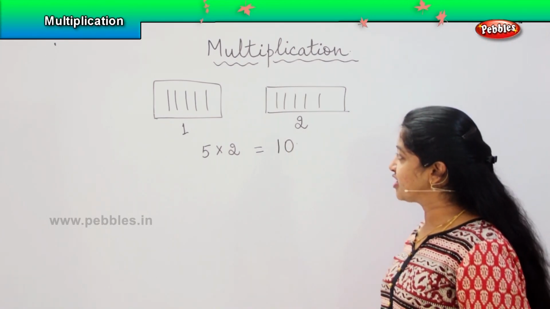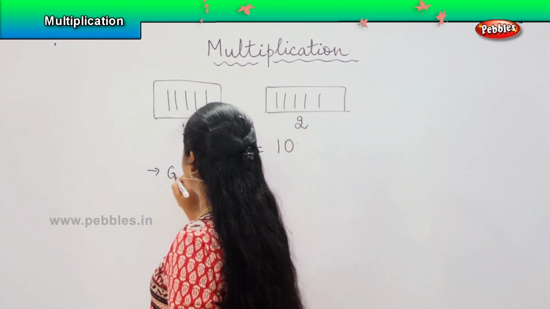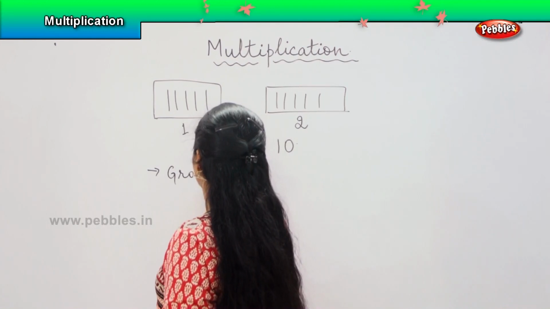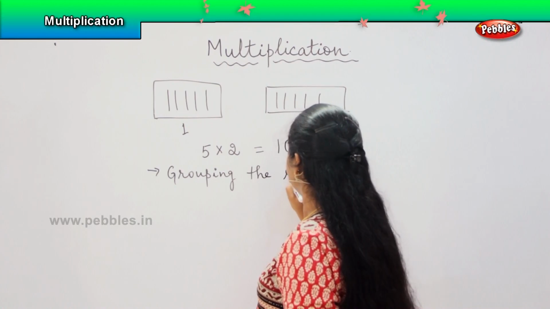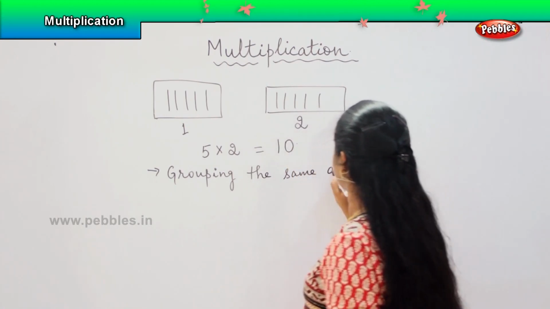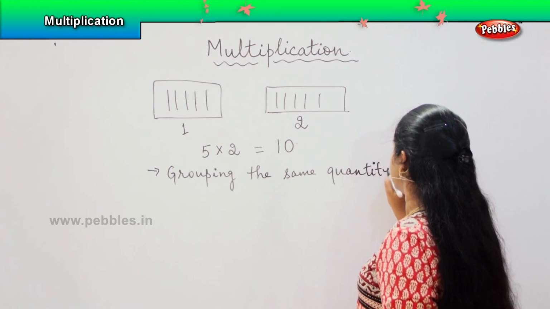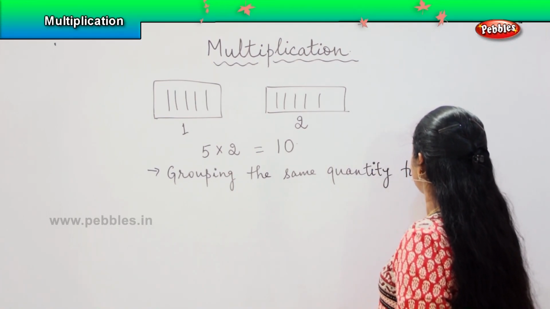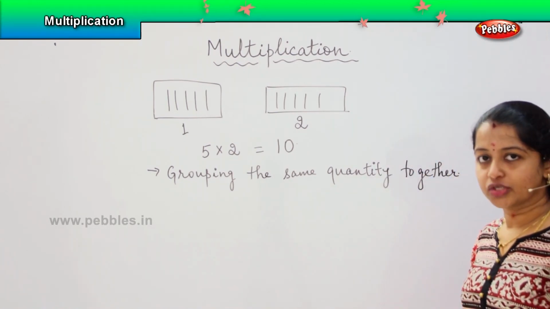So in multiplication, what is the first thing we will be doing? We will be grouping the same number of things, the same quantity together. That is the first step which we will be doing in multiplication, right?